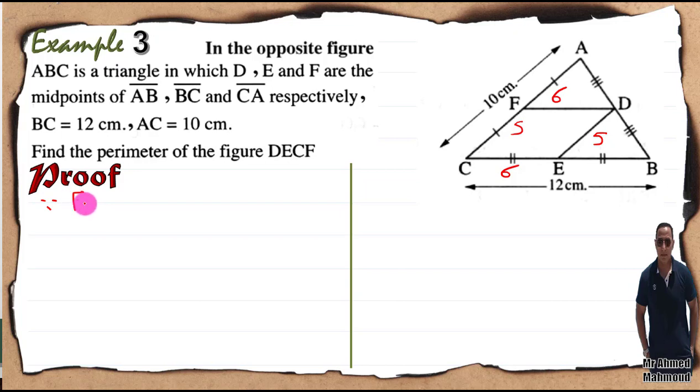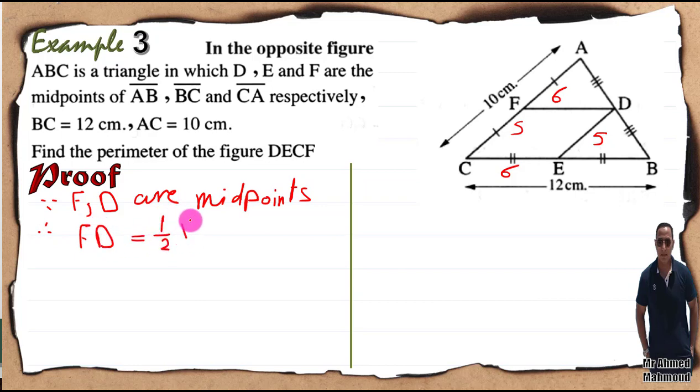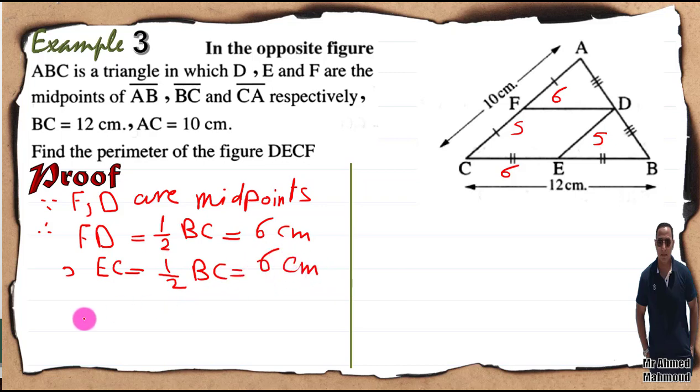Okay, since F and D are midpoints, therefore FD equals half BC equals 6 centimeters, and EC equals half BC equals 6 centimeters.